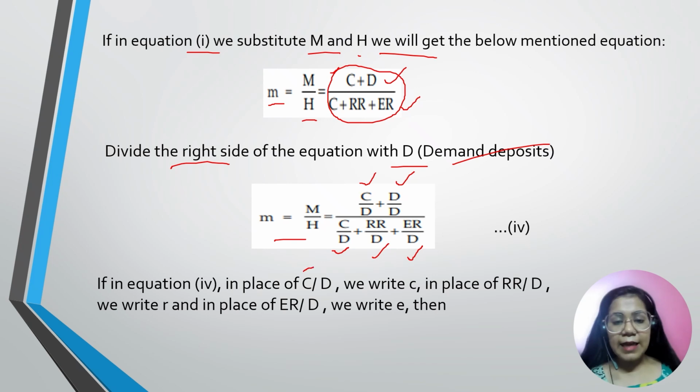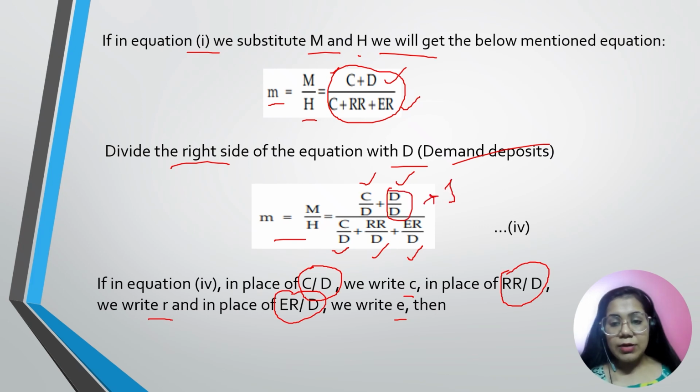We will write C upon D, which is currency upon demand deposits, as small c. Then the required reserves upon demand deposits, we will write it as R, and then the excess reserves upon demand deposits, we will write it as E. And this term D upon D will cancel and it will become 1.